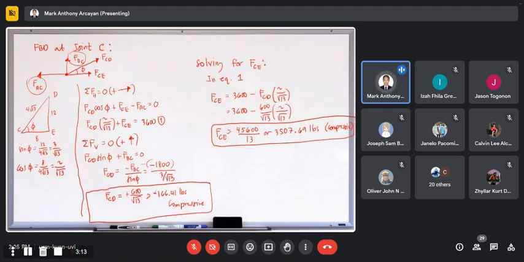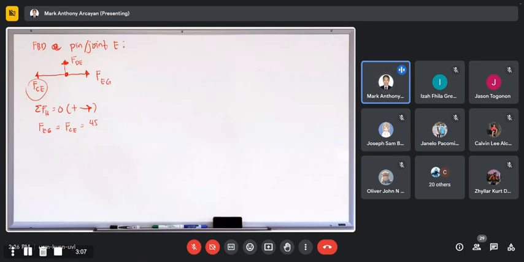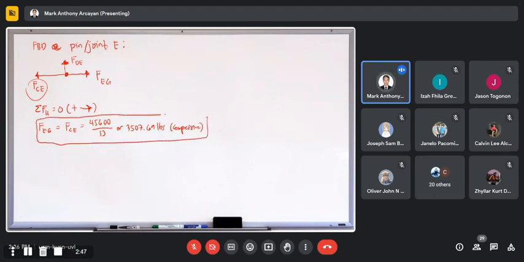FCE is compressive. That is equal to 45600 over 13, or in decimal, that's 3507.69 pounds. Still compressive. Okay, mao na siya ang FEG.